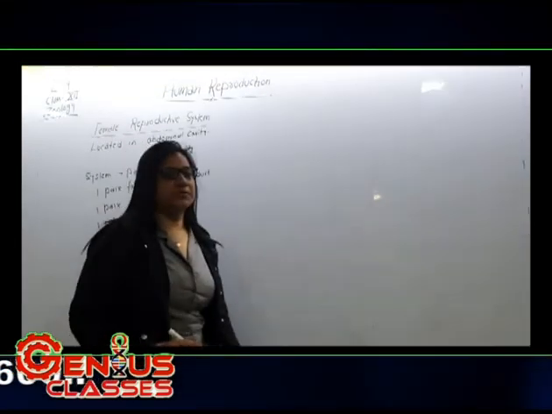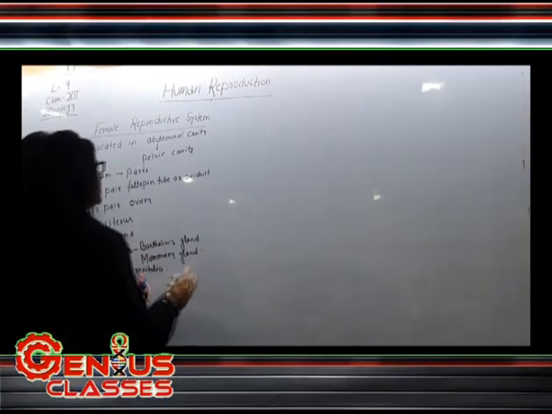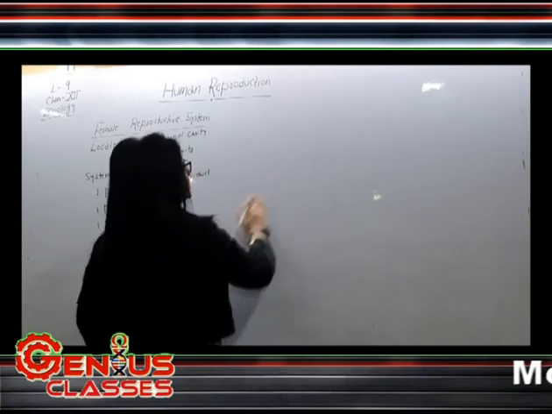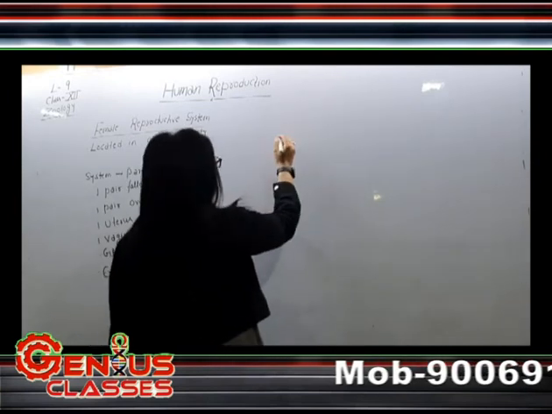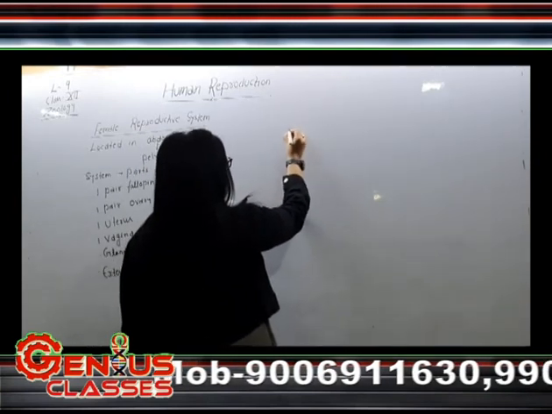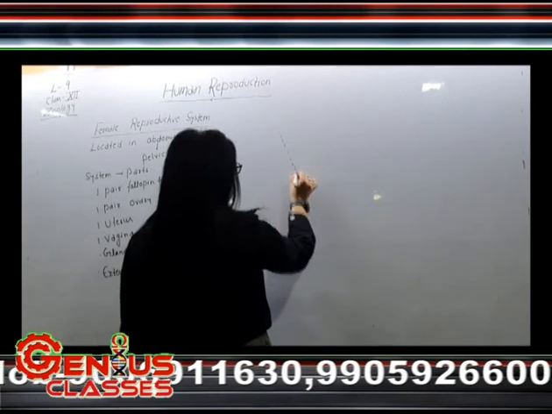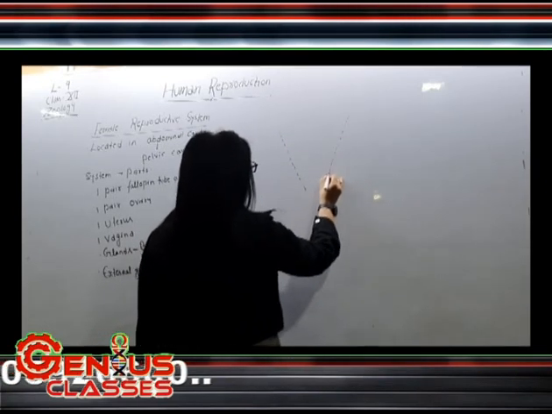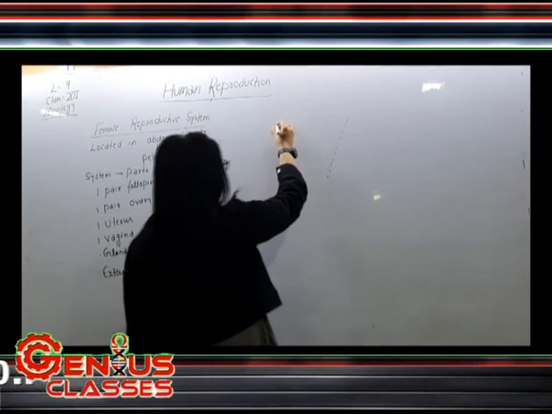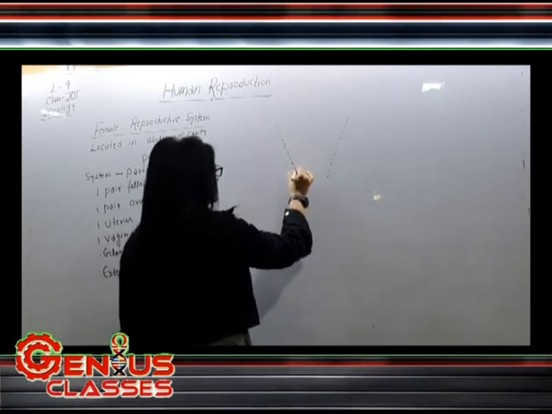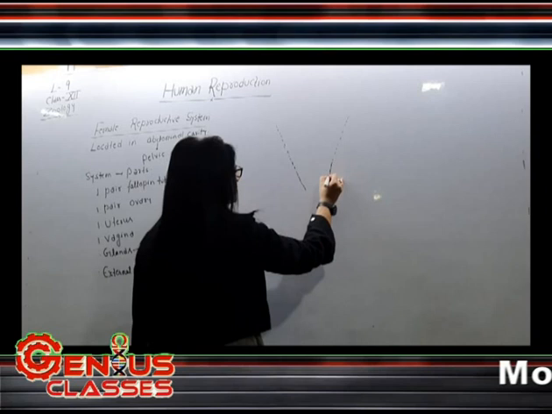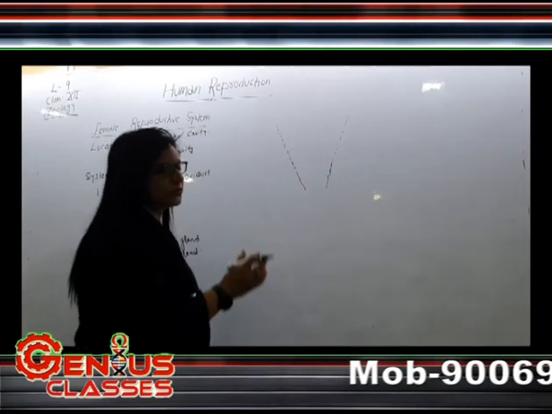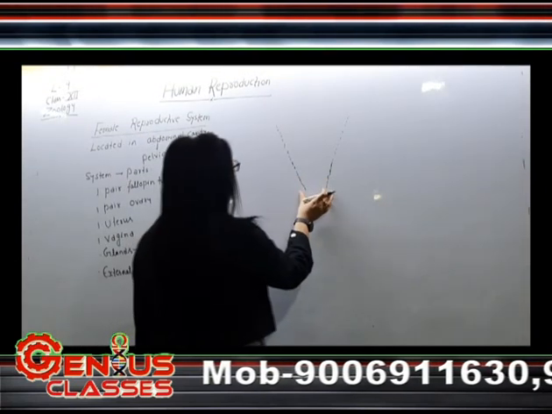This female reproductive system is located in the pelvic cavity, and its structure is something like this. This is an inverted pear-shaped uterus. The anterior part is wide and the lower part is narrow.